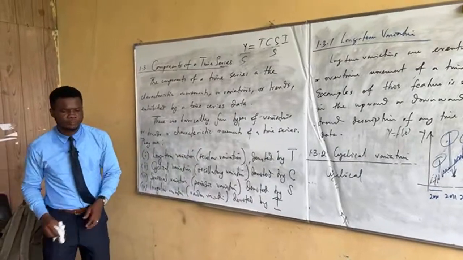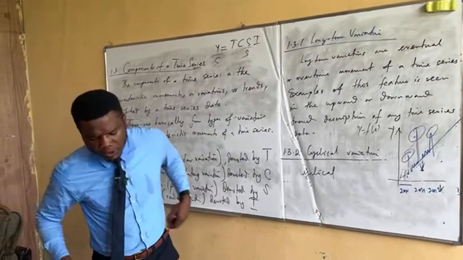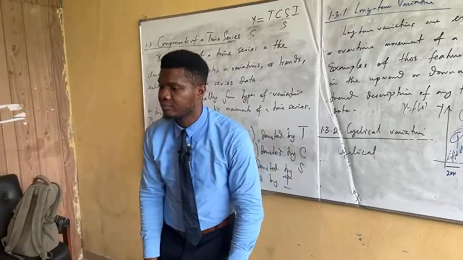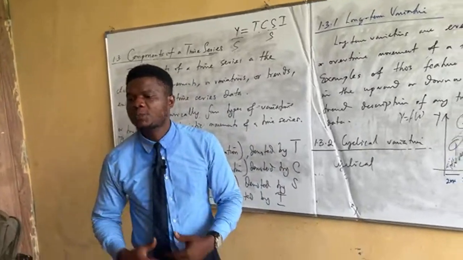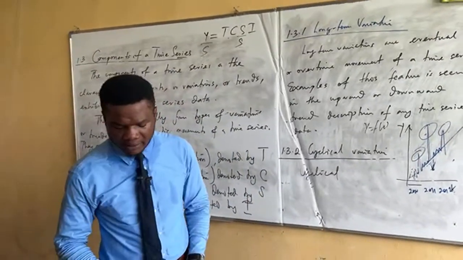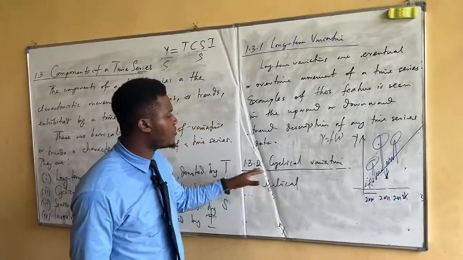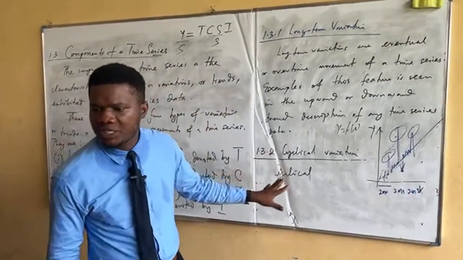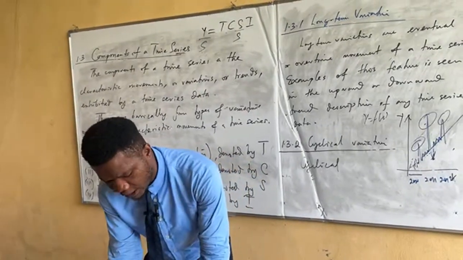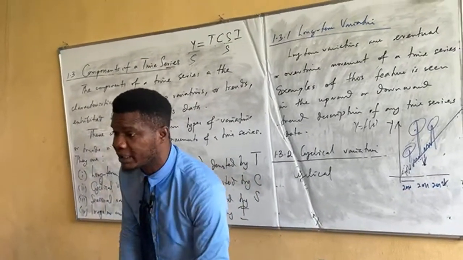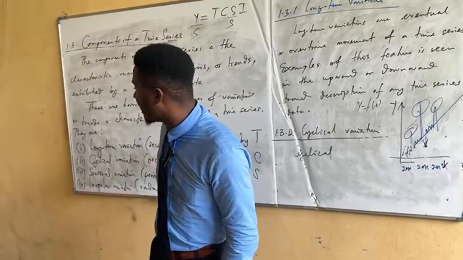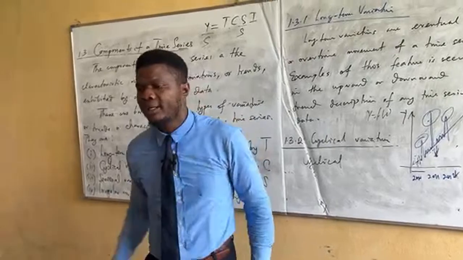So, irregular variations are components of a time series that describe sporadic movements of observations in a time series data. Irregular variations are components of a time series that describe what? Sporadic movements of a time series data.